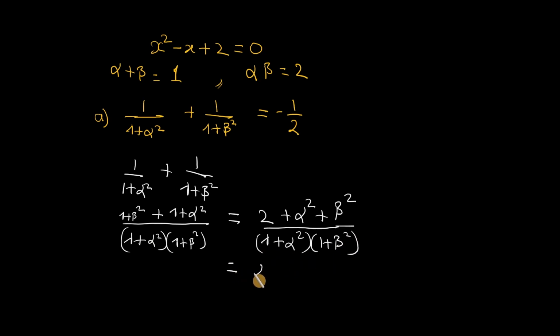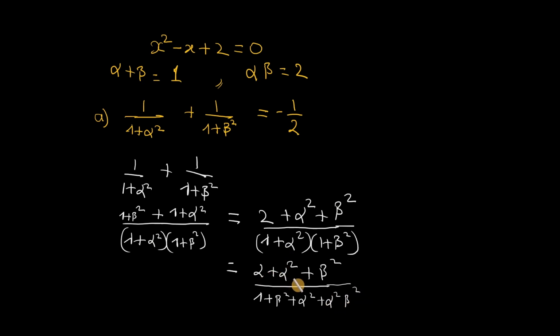So we have 2 plus alpha squared plus beta squared over 1 times all this bracket plus alpha squared times all this bracket. 1 times this bracket will give me 1 times 1, which is 1. 1 times beta squared, which is plus beta squared. Alpha squared times 1 plus alpha squared. Alpha squared times beta squared, plus alpha squared beta squared.